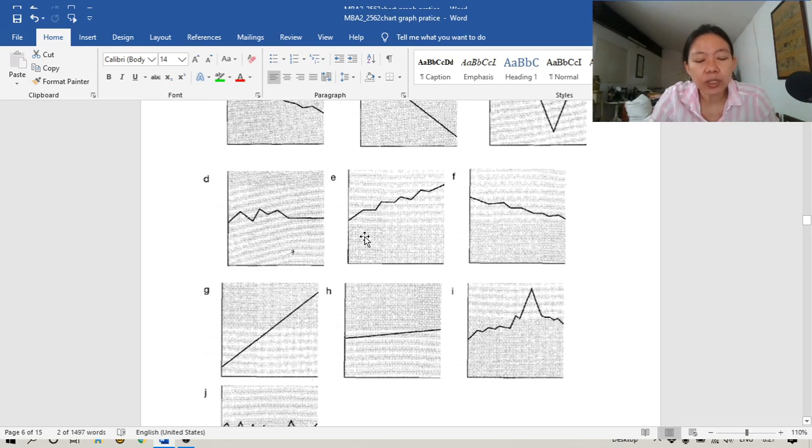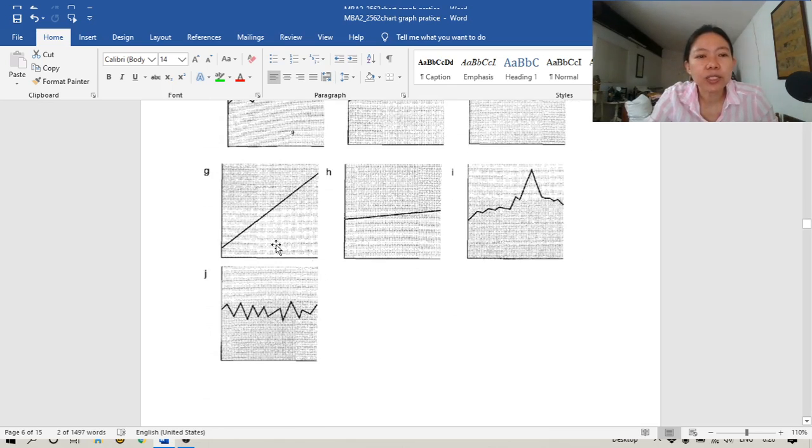And next with picture E, we have the share price went up steadily, number 3. And next with picture F, we use the share price decreased slowly.